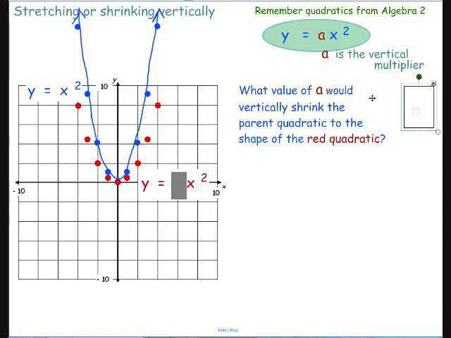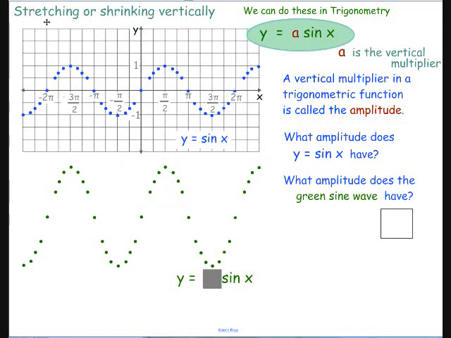Let's take a look. Indeed, it's 1/2. So the value of A, which would vertically shrink this, so it goes up only half as fast, is 1/2. We can do the same thing in trigonometry.